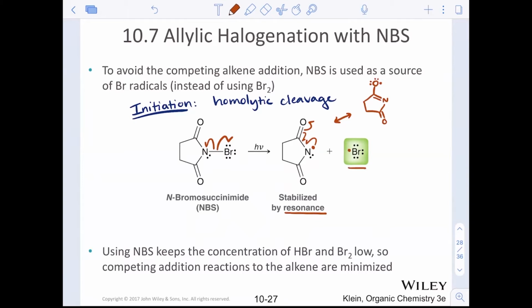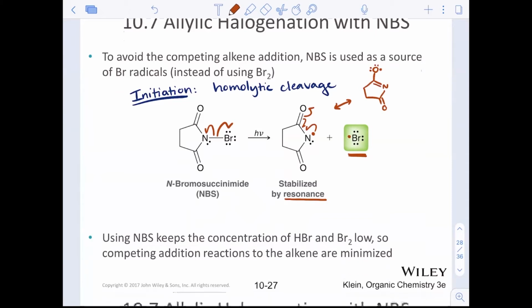And so the Br radical will continue on in our propagation steps. Just again to confirm, we use NBS over the reaction arrow instead of Br2 because NBS will keep the amount of bromine radical and Br2 low so that we don't have any competition with reacting the pi bond in the alkene, like what we saw in chapter 8.